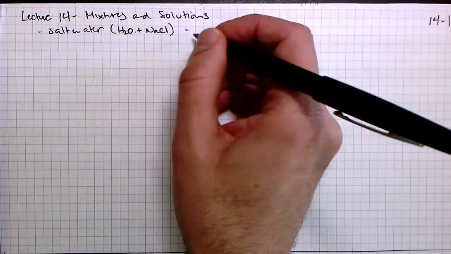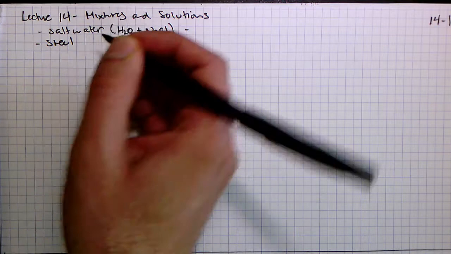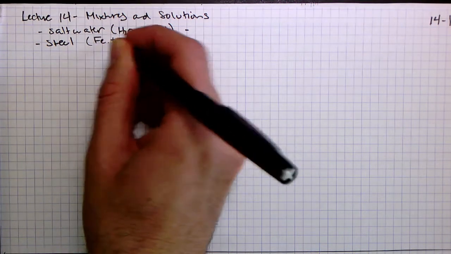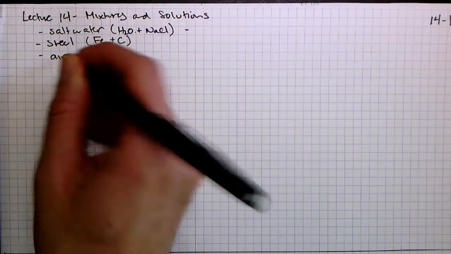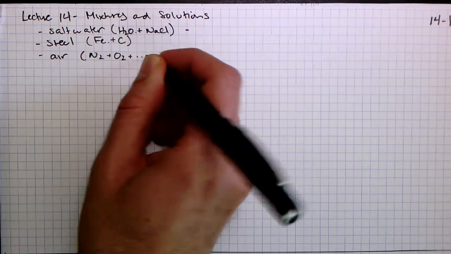They could be things like solids like steel, which is actually a mixture of iron and carbon, and of course often other things, or gases, things like air, where you're mixing nitrogen and oxygen and other gases together.